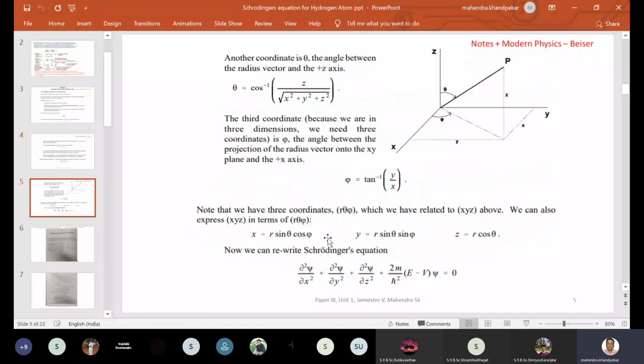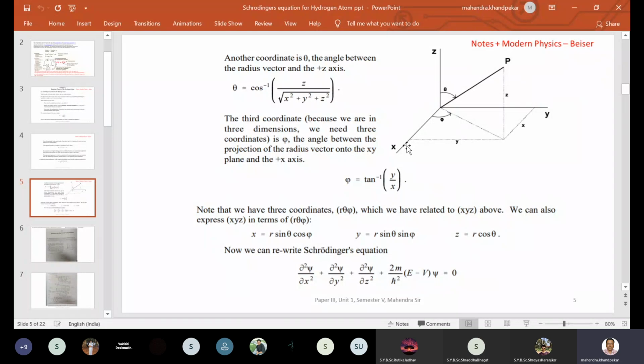Now, if you go to this, you will see that we essentially talk of r, theta and phi. Now this is the diagram which is going to give you the change between the Cartesian and spherical polar coordinates. These are our regular coordinates x, y and z we use in the lab, mostly x and y, not z, because it goes into the book or comes out of the book.